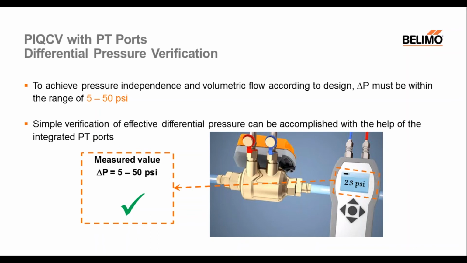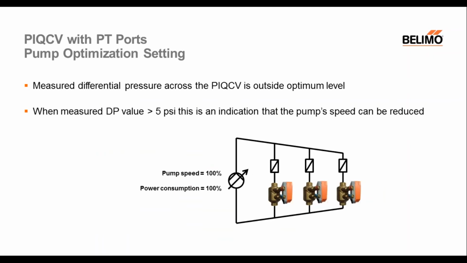So you would simply verify the differential pressure by using the PT ports that are installed on the PIQCV. We should be measuring 5 to 50 psi. Let's look at another scenario.